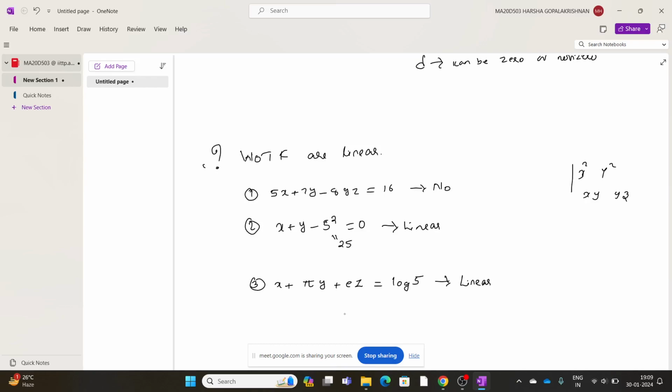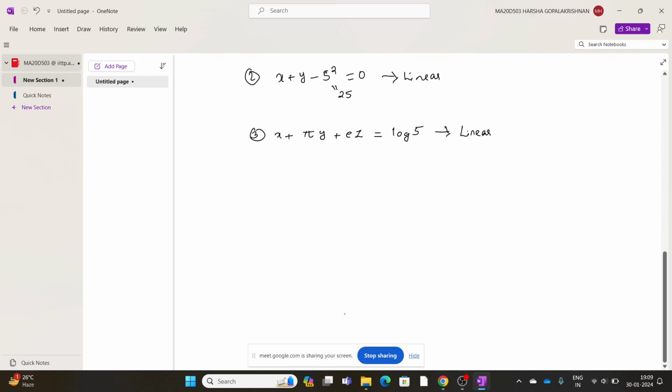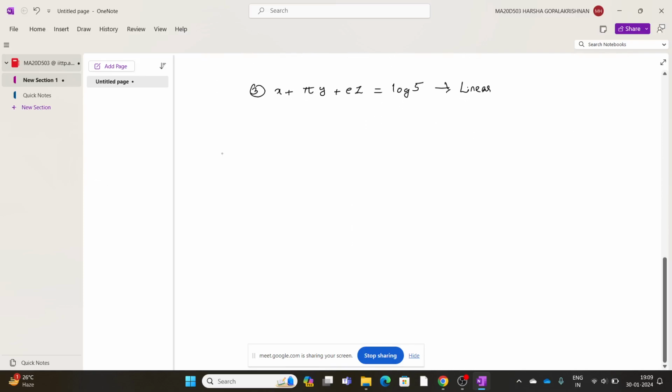Okay, now let us see one more question. Let A be a given n by n matrix, and it is given that A is invertible.